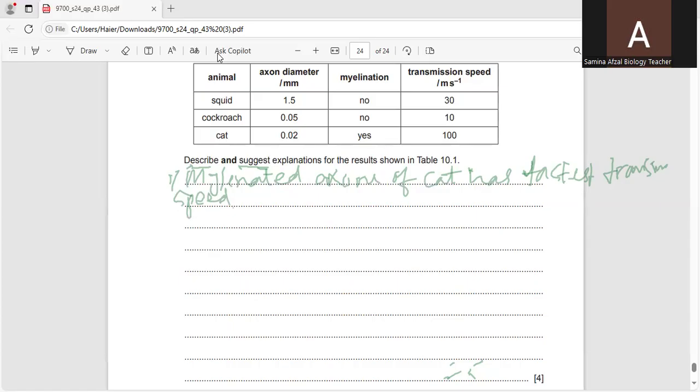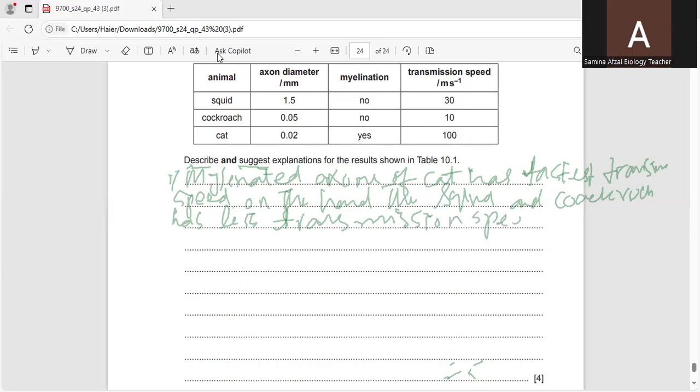On the other hand, the squid and cockroach have less transmission speed. And you can also see that the larger diameter results in a faster transmission speed rate.